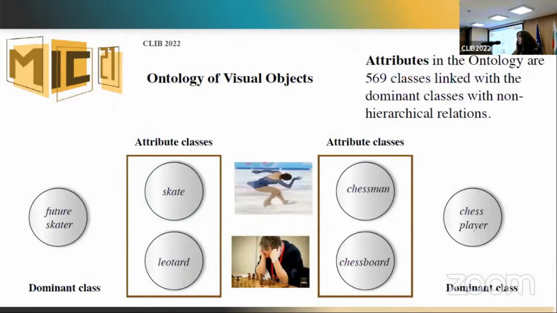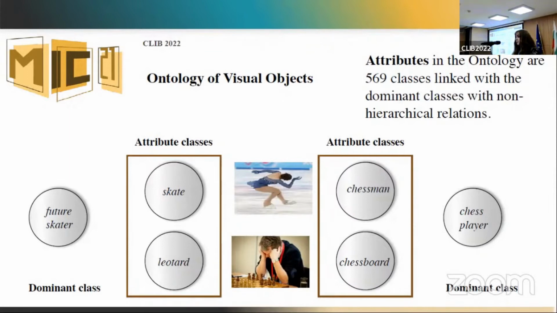Attributes is something which is a bit particular. It's not usually used in ontologies because in our understanding, attributes are such classes which show different functions, different roles, different instruments.